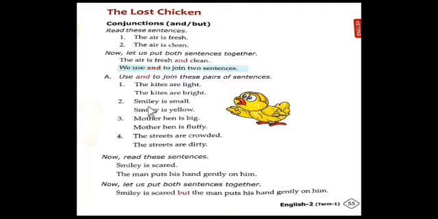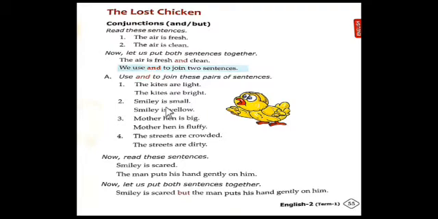Second one, Smiley is small. Smiley is yellow. So how do you make one sentence? Adding the conjunction, the word and. Smiley is small and yellow.